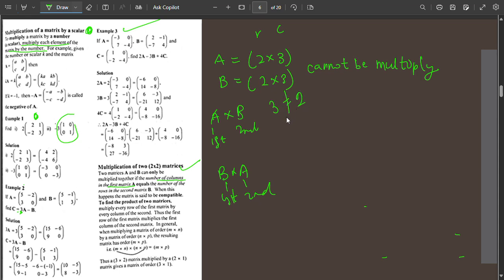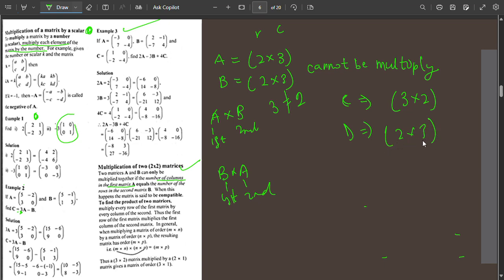Since they are not equal, we can't multiply them. So let's take another example where you can multiply them. Let's say C is a matrix of order 3 by 2, and then D has an order of 2 by 3.